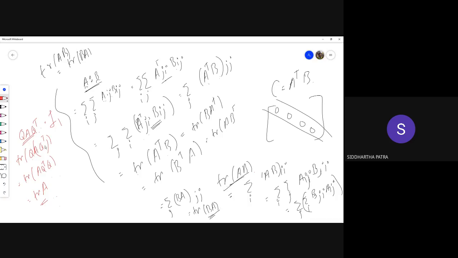Okay, and it can be shown that det of Q A Q transpose is also det A, because we have already proved that det AB is det A det B, which basically means det BA. So we can again do that operation where this is det A Q transpose Q, and this boils down to the identity matrix.